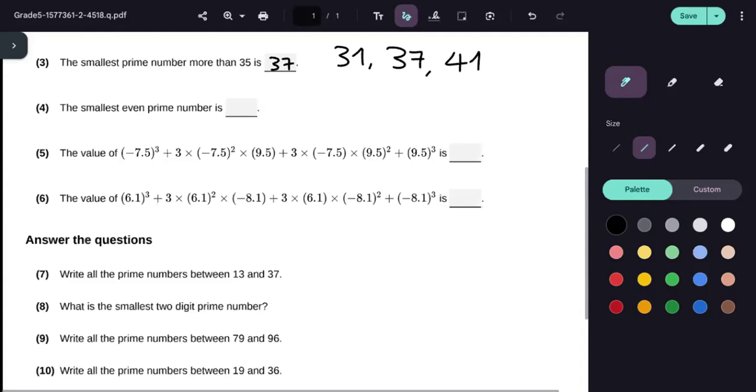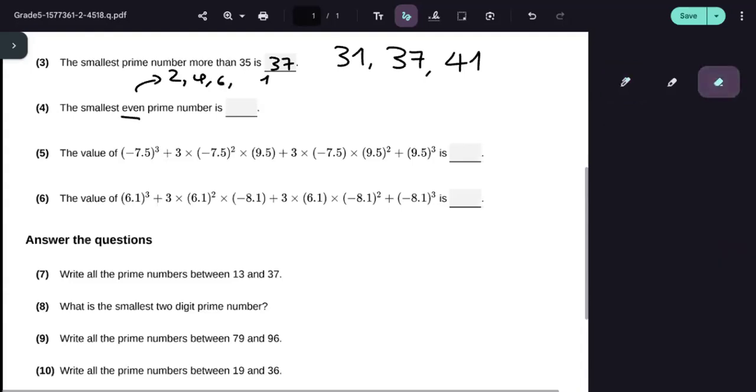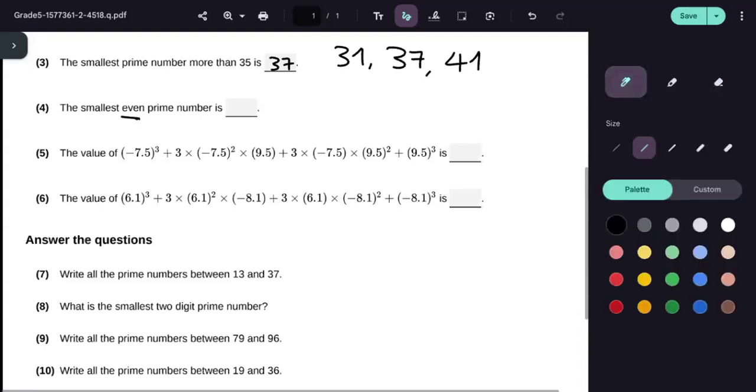Alright, next one, question 4. The smallest even prime number. Even is 2, 4, 6, 8, 10, just to recap your memory. Those are even numbers. So they want the smallest even prime number. This one only has one answer, which is 2.